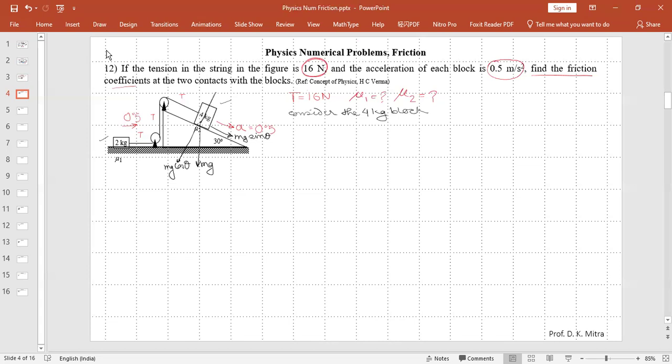And of course, it has a reaction force R, and here it has a tension T in the string. We find out the value of R. The reaction force R is equal to mg cos theta. m is 4 kg, given, and cos theta is √3 by 2. This is equal to 20√3.